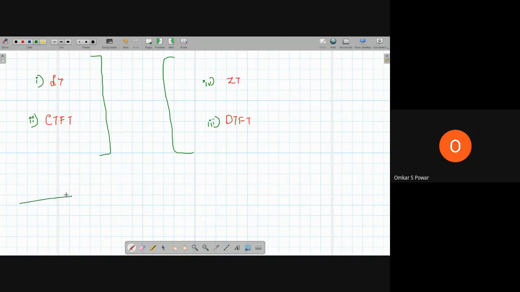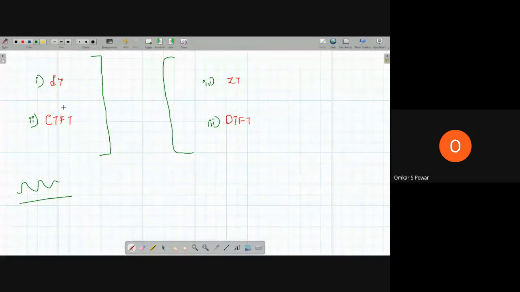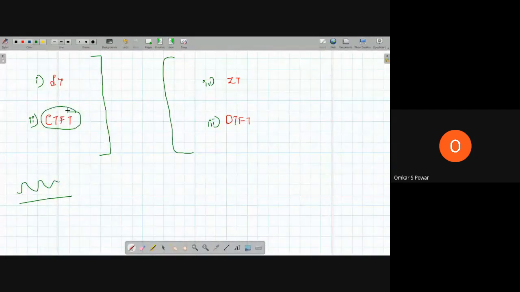If you have a continuous time signal, then you can analyze it with the continuous time Fourier transform. Then it should be either an energy signal or a power signal to analyze that. But using the Laplace transform, you can analyze energy or power signals, or neither. The Laplace transform we use for a continuous time signal to convert into the S domain and understand the stability point of view.